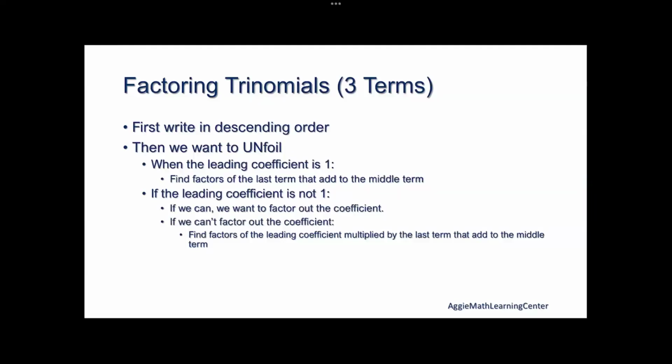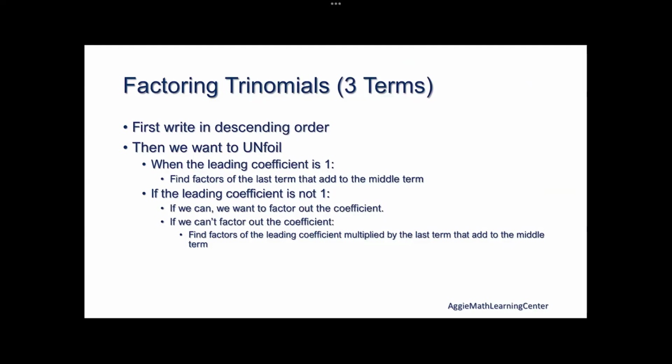All right, I'll let you explain this. Okay, so when we're factoring trinomials, this is just a polynomial that has 3 terms. So most of the time it's going to be an x squared, an x, and a constant term. We first want to start by ordering them in descending order, and then you want to unfoil.